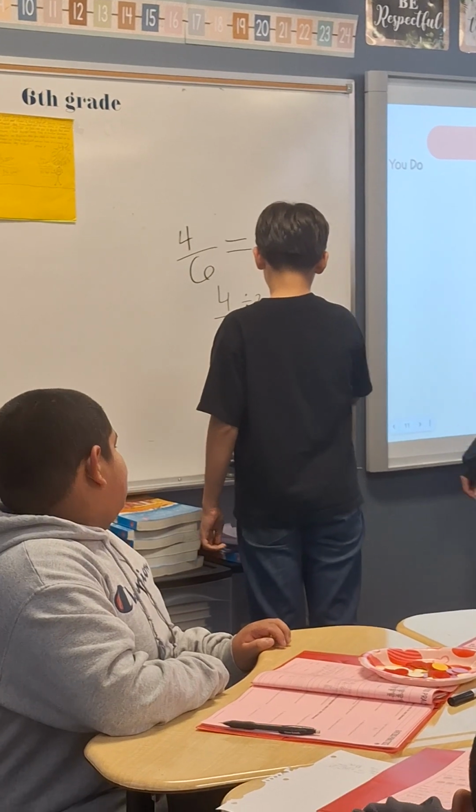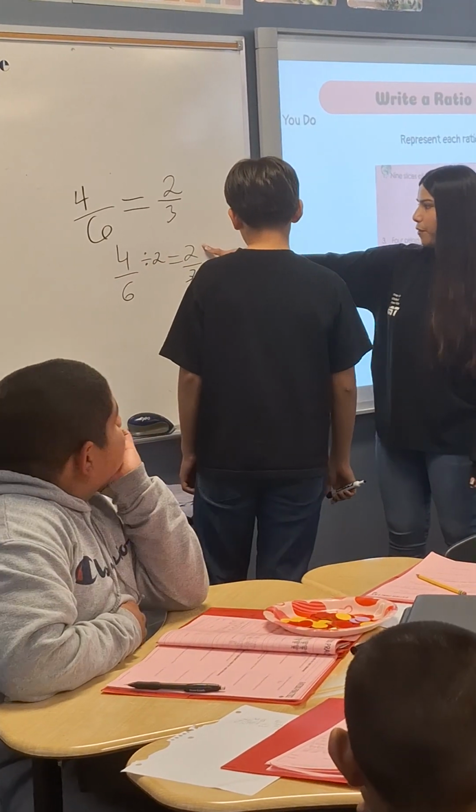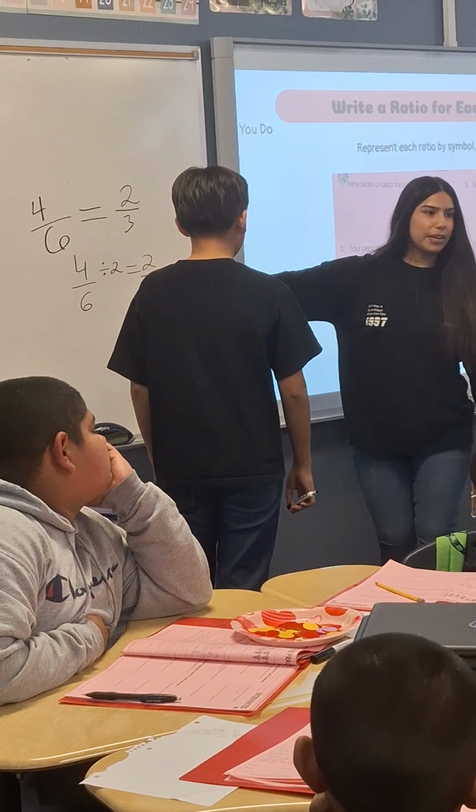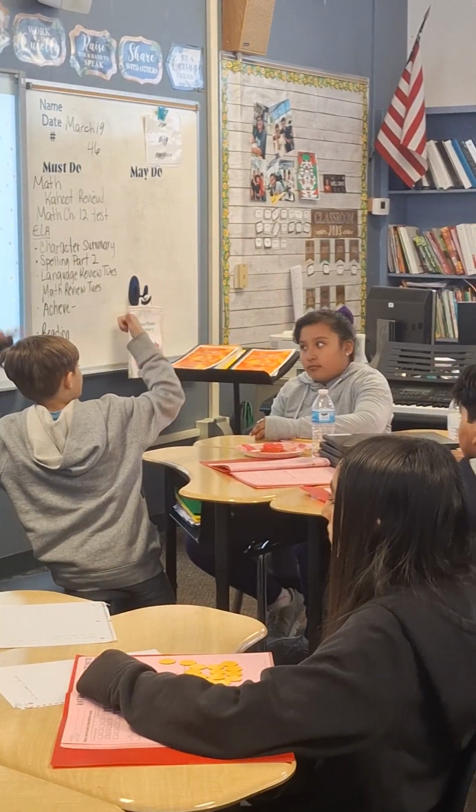So he's saying that he divided both of these numbers by 2, which gave him 2 to 3. Does everybody agree? Does somebody have something else? Good? Okay.